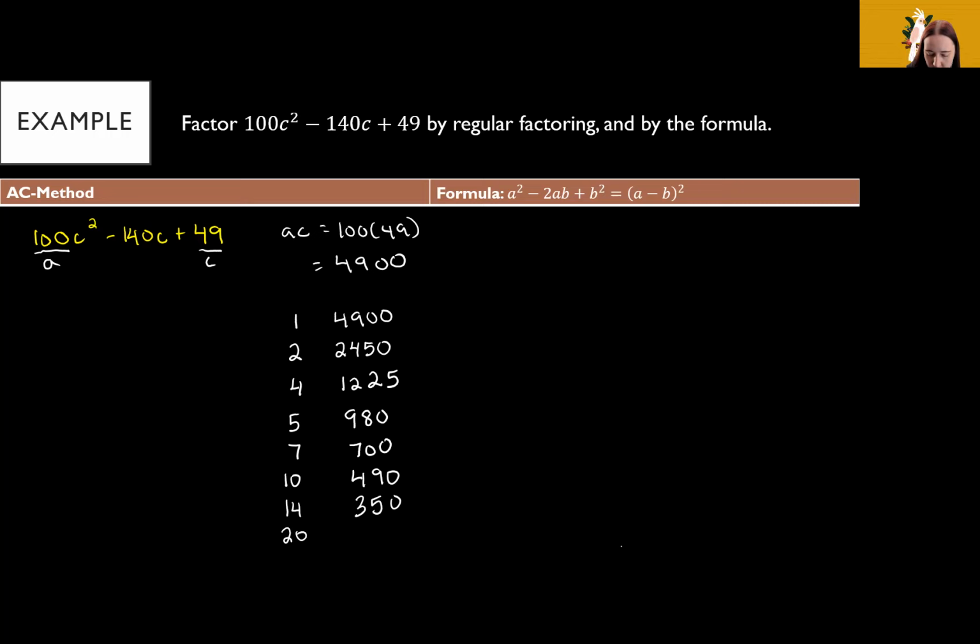So we got 20, 245. A lot of these don't go into it evenly. Okay, so then we've got 25 and 196, because I'm running out of room here. 28 and 175.